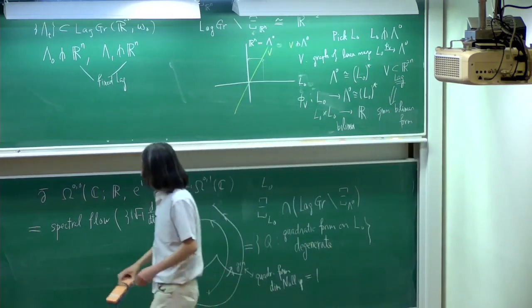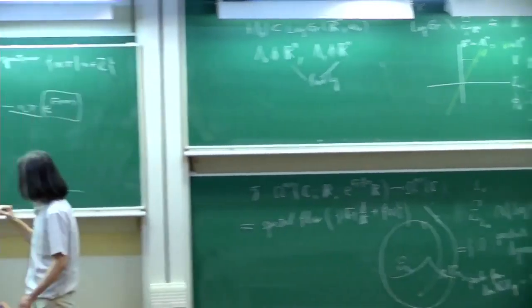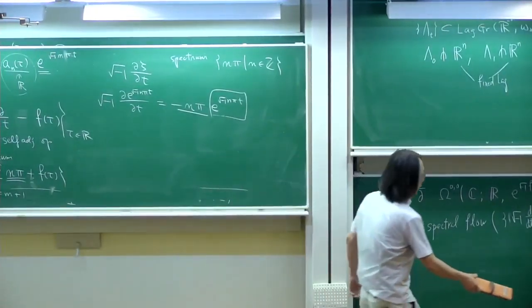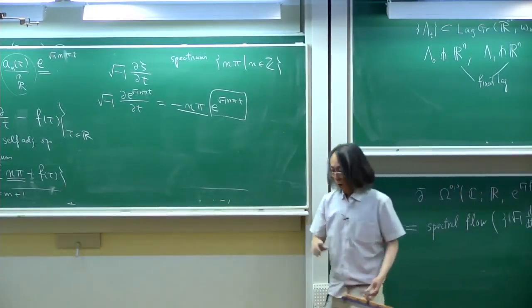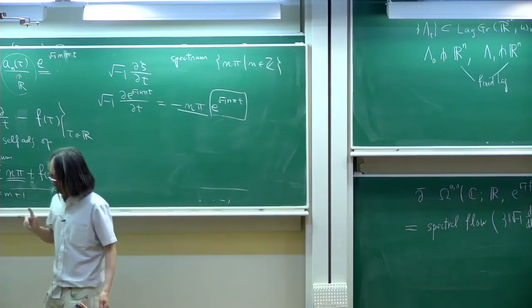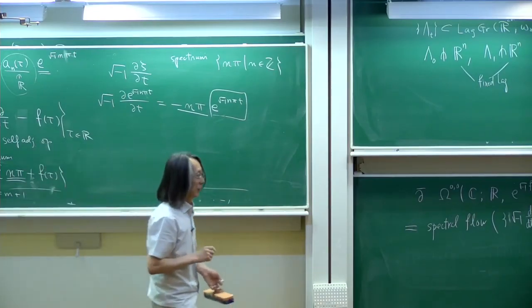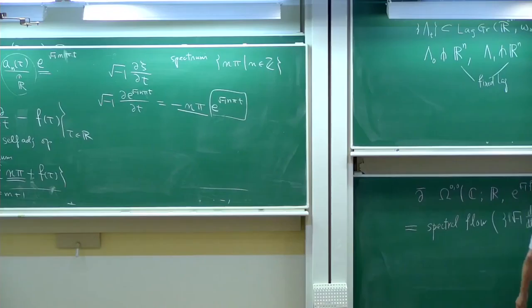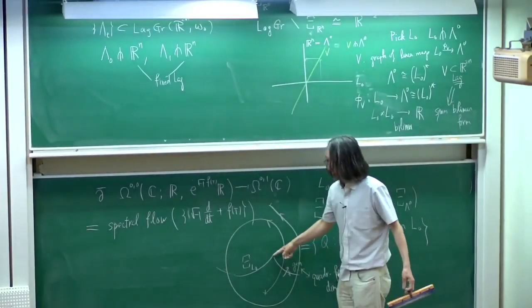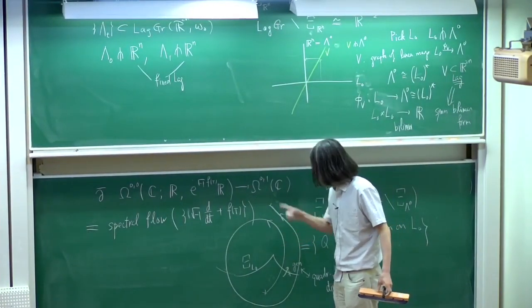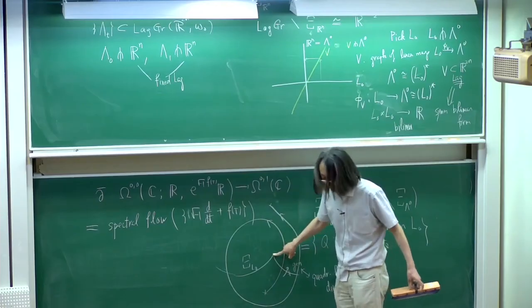And if your starting point is on this very bad point, then we can still get some integer as follows, because maybe here the quadratic form is just 0, completely degenerate.